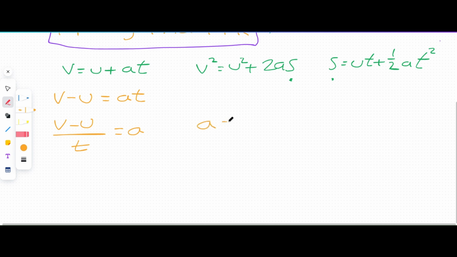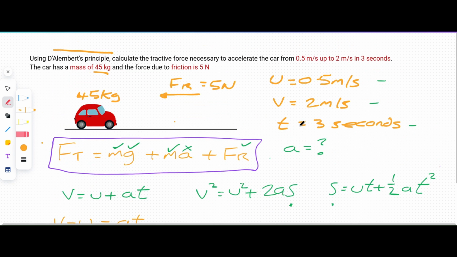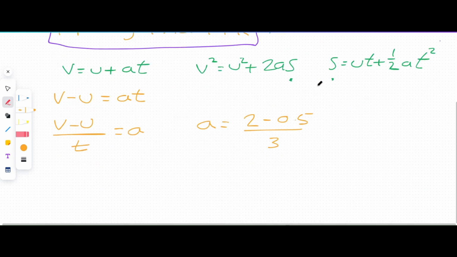So A is going to be V take away U, over T. V is 2 and U is 0.5 and the time I think was 3. So V is final, which was 2, U was 0.5, starts off at U, divided by 3. Thank you very much.